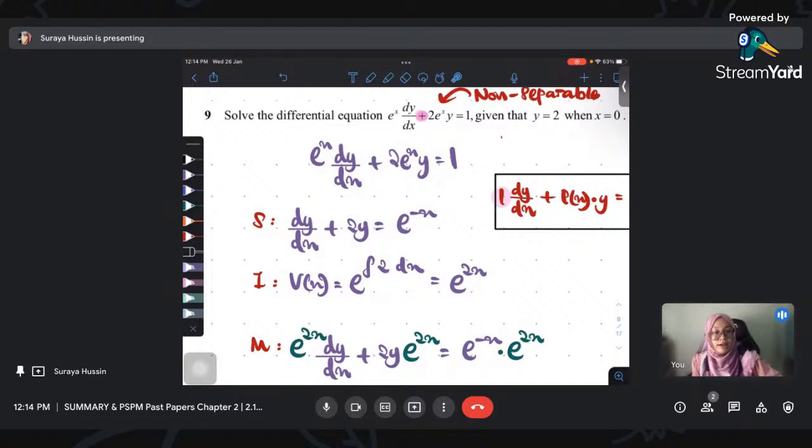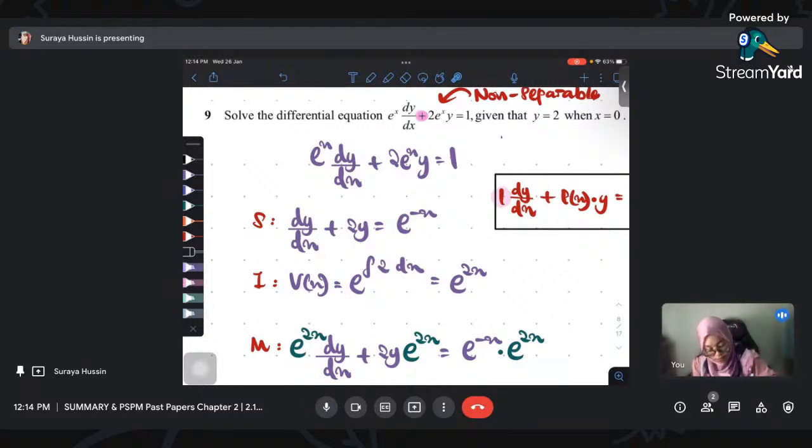Okay, we have to make sure that this is single dy dx. Single lah macam mana? Coefficient 1 lah.